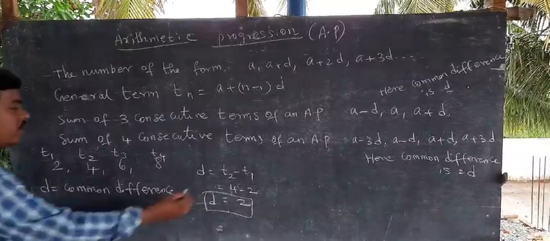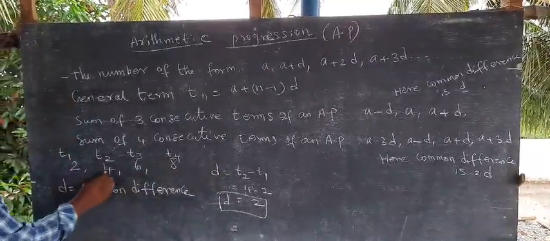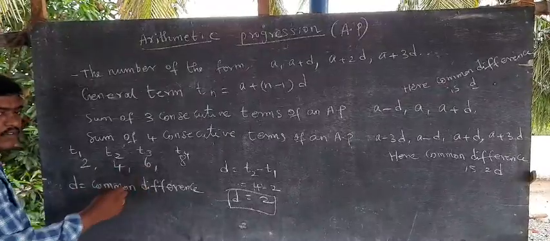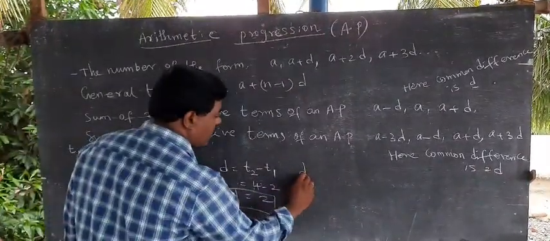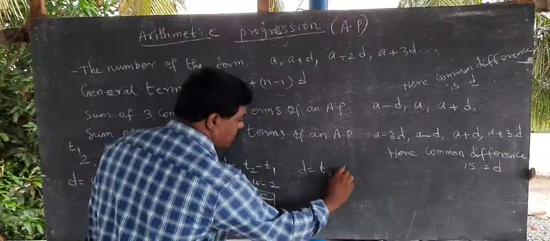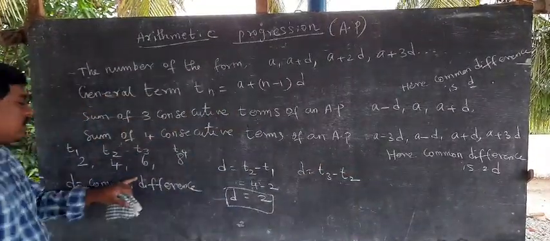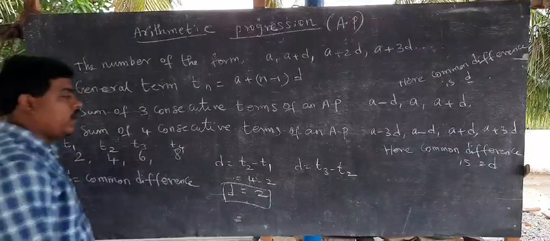Then T3 minus T2. T3 is 6, 6 minus 4 is 2 only.